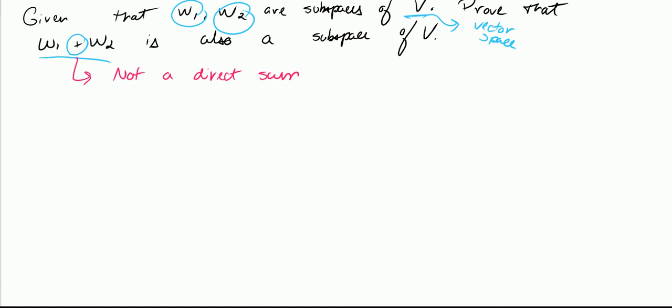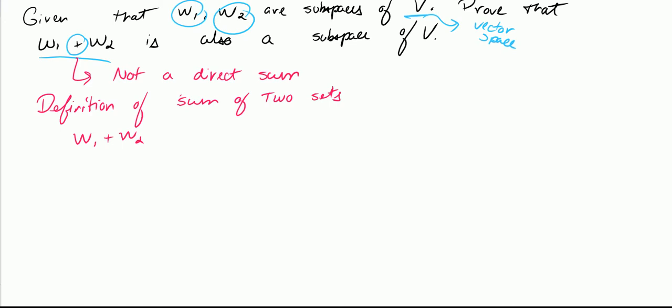Now, I'm going to give you a quick definition of what it is to actually sum two sets together. So let's take W1 plus W2, since it's conveniently the problem we're trying to solve.